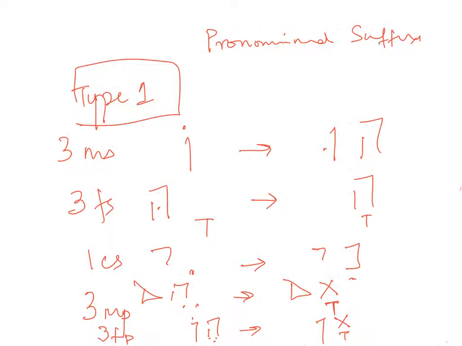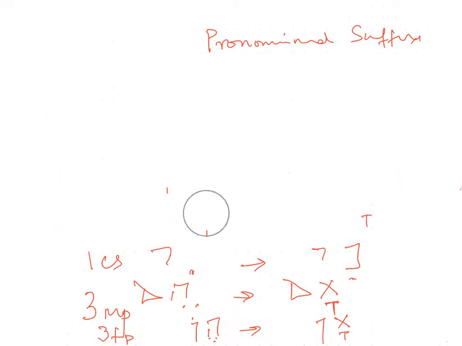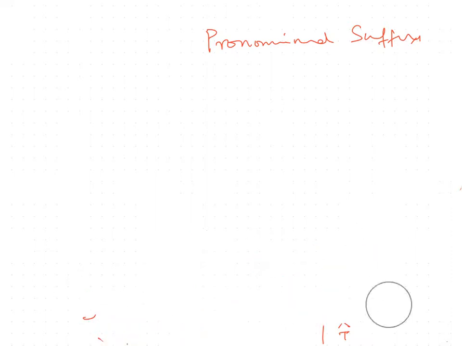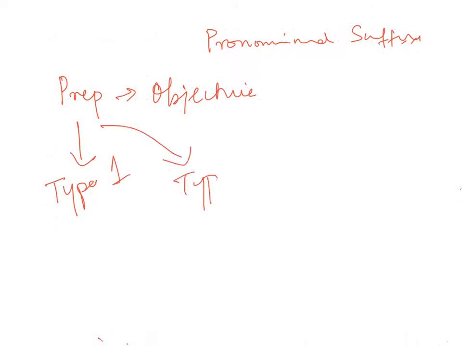Now, let me go back to my prepositions. So pronominal suffixes can be attached to prepositions. When they are attached to prepositions, they will always be translated as an objective value. All right, they can either take type 1 or they can take type 2.